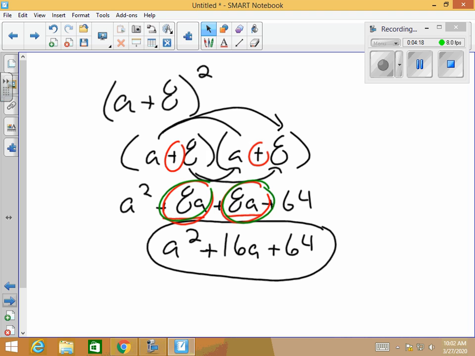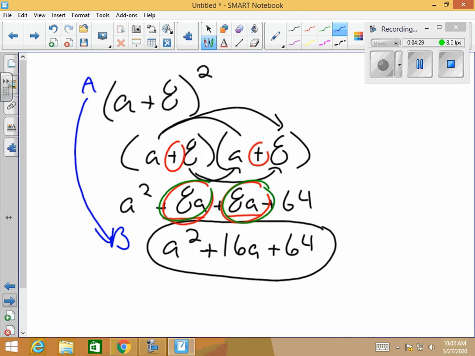What I want you to pay attention to is how I can get from point A, which is this guy, to point B a little bit faster just by recognition of the indicators that this problem presents in front of me.